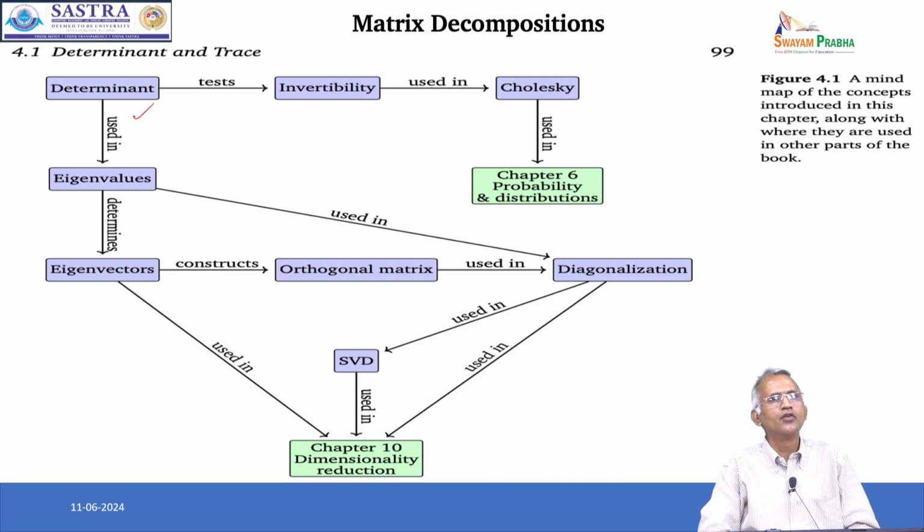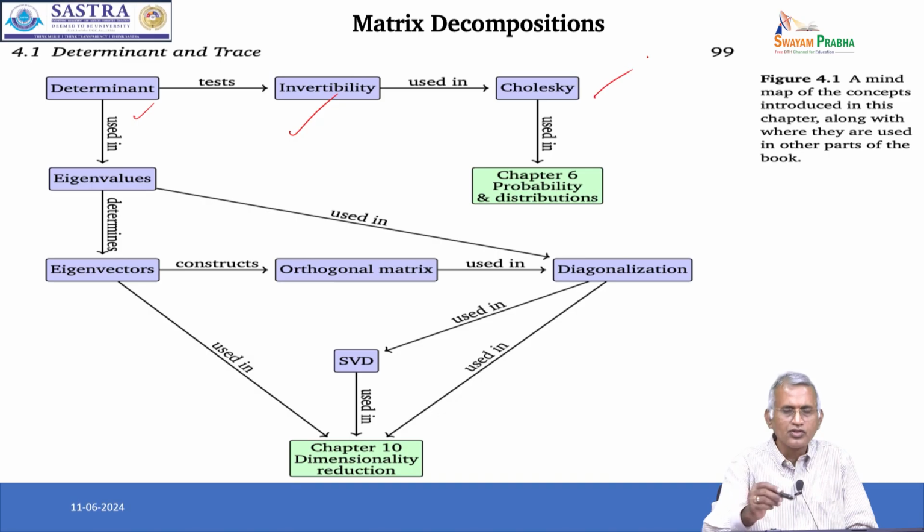Once you know the matrix, finding its value is said to be the determinant, and we check whether the determinant is invertible. If the determinant is 0, then it is singular. If it is non-singular, then it is invertible and the inverse exists. Once the invertible condition is satisfied, only then can we move to the Cholesky method.